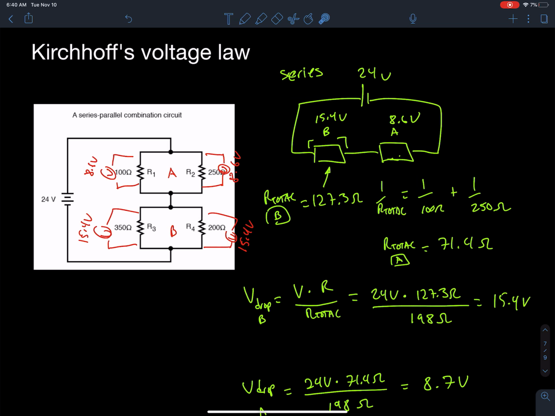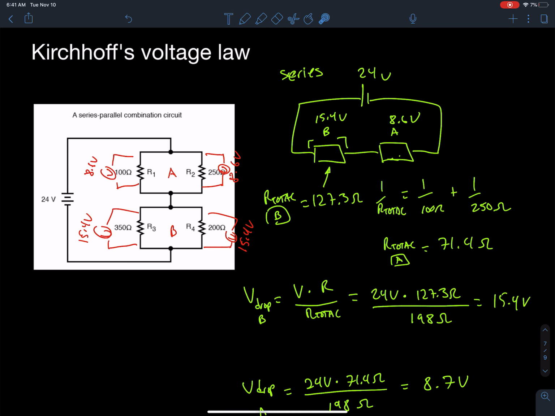So using Kirchhoff's voltage law, I'm able to find out the voltage going across each of these resistors. Just to review, you treat these parallel branches as individual resistors, and you use the rules that we talked about in the last video to calculate the total resistance for these branches.